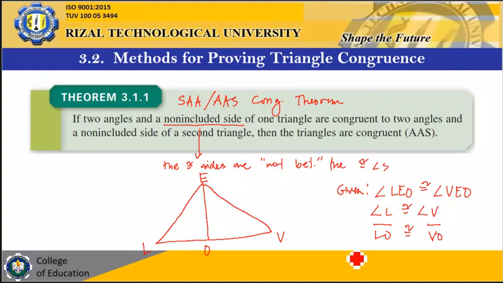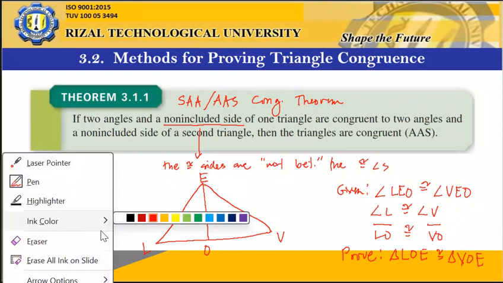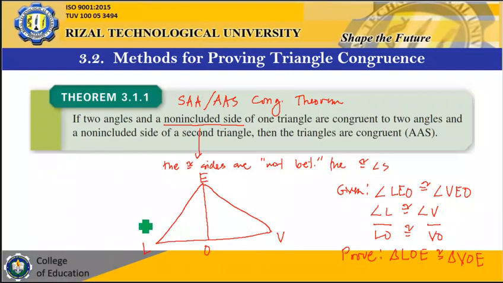And for the conclusion part, let's prove that triangle LOE is congruent to triangle VOE. Okay, so first things first, let's indicate our identical marks so that you'll be able to see it clearly.